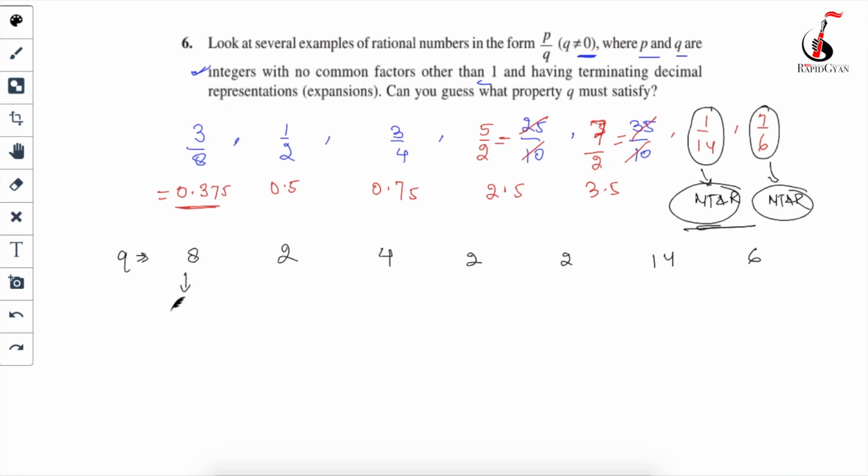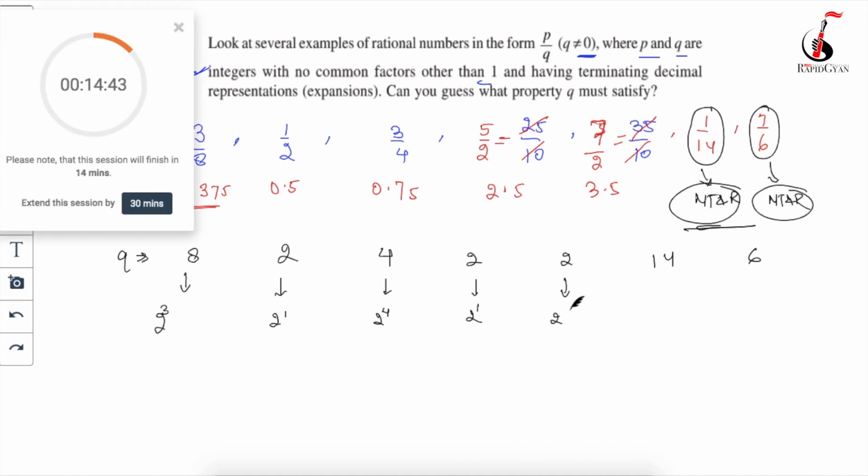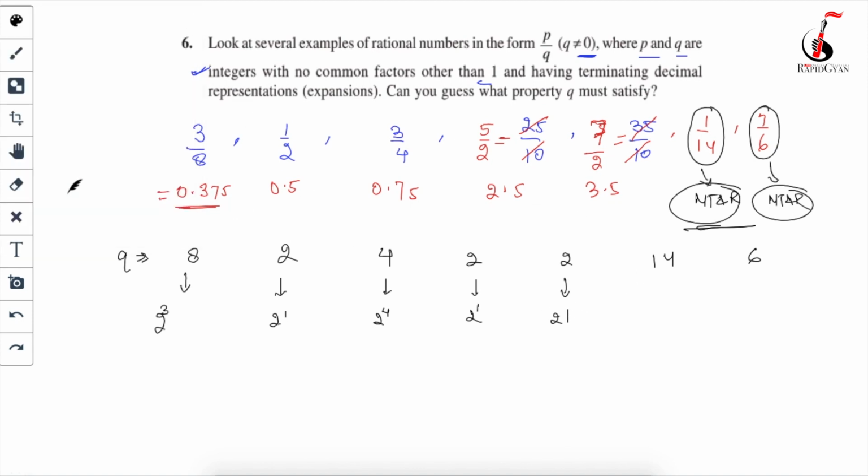So this 8 I can write as 2 cube, this 2 I can write as 2 to the power 1, this I can write as 2 to the power 4 (let me write it properly), this 2 also as 2 to the power 1, and this 14 I can write as 2 times 7, this 6 I can write as 2 times 3.